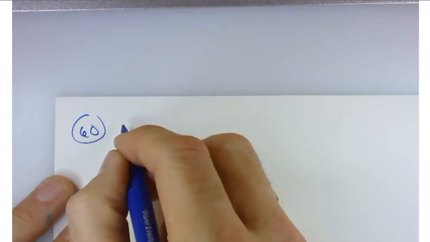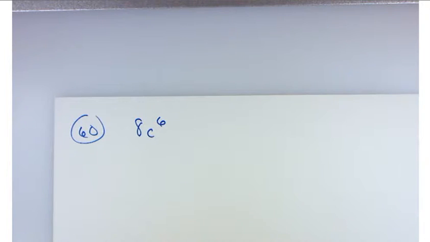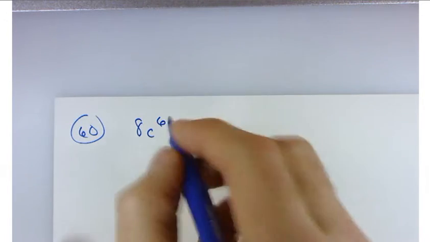Let's try problem number 60. So we'll jump up to kind of a harder one here. 8c to the 6th minus 343w cubed.